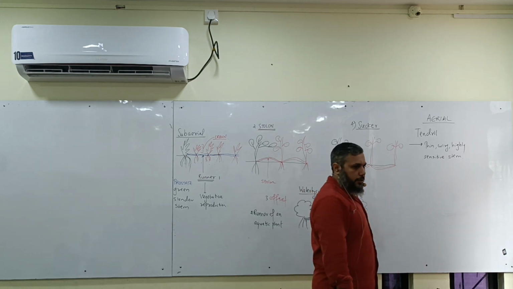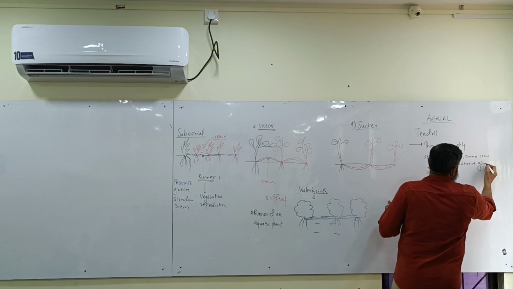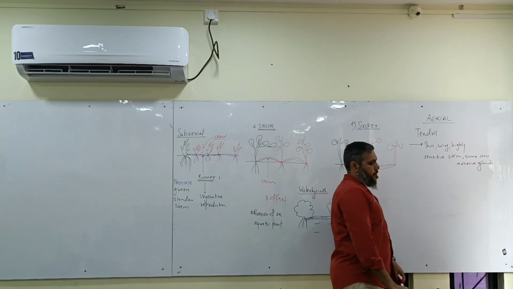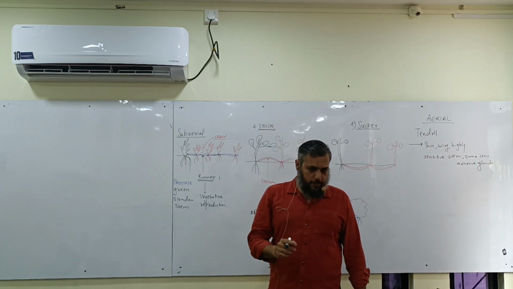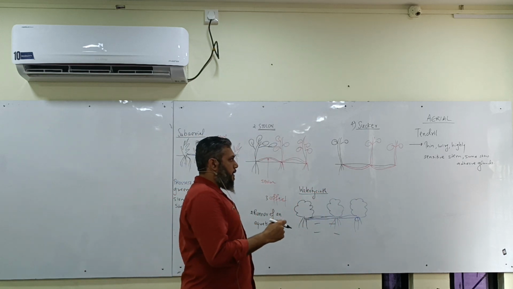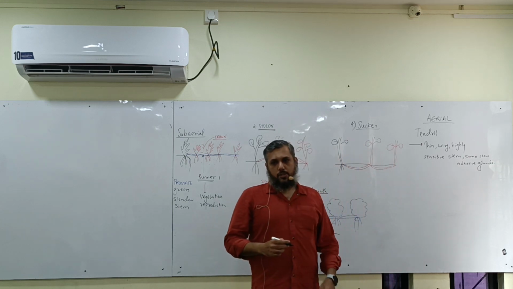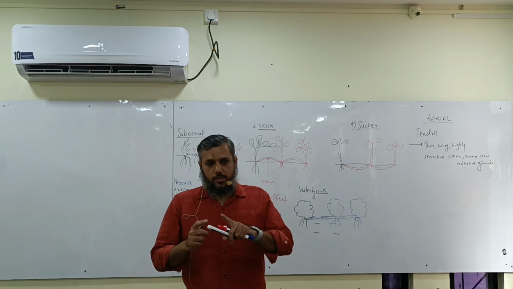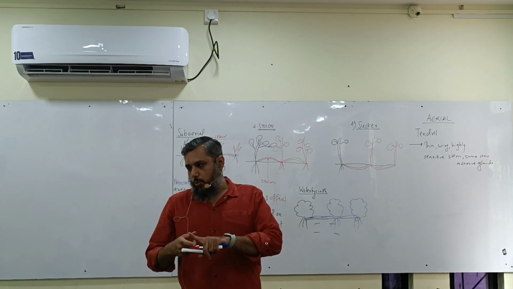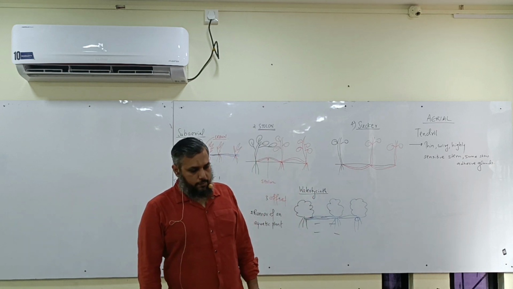And some of the tendrils also show adhesive glands. So what words have I mentioned? Thin, wiry, highly sensitive. Now, what do I mean by highly sensitive? I think I told you in the last lecture. As soon as it touches the support, it will coil over it. That is the meaning of the word highly sensitive.